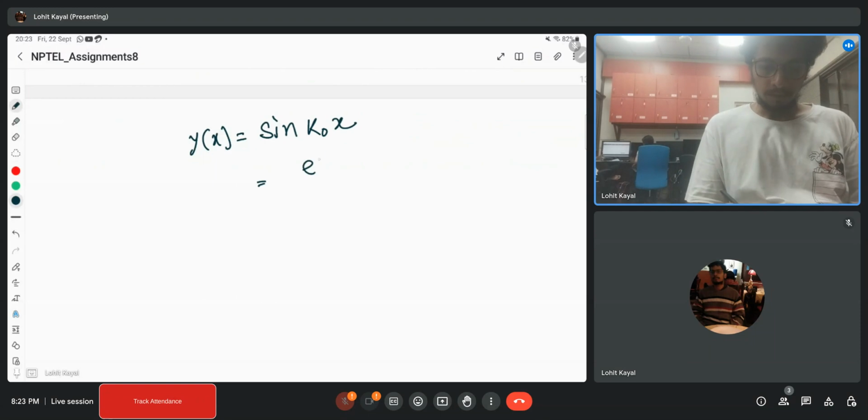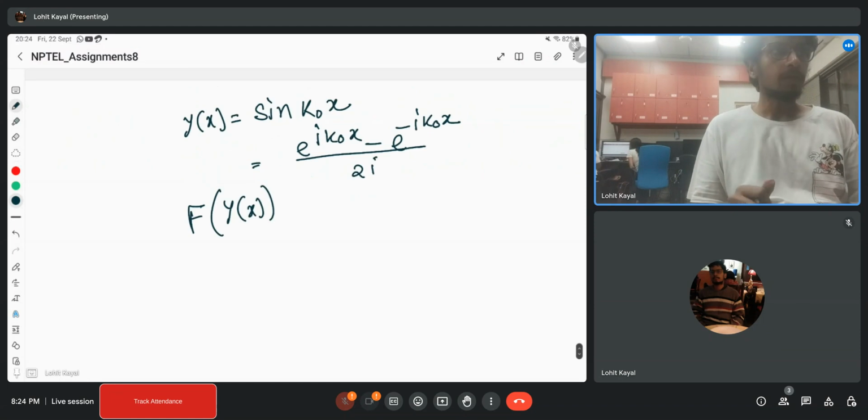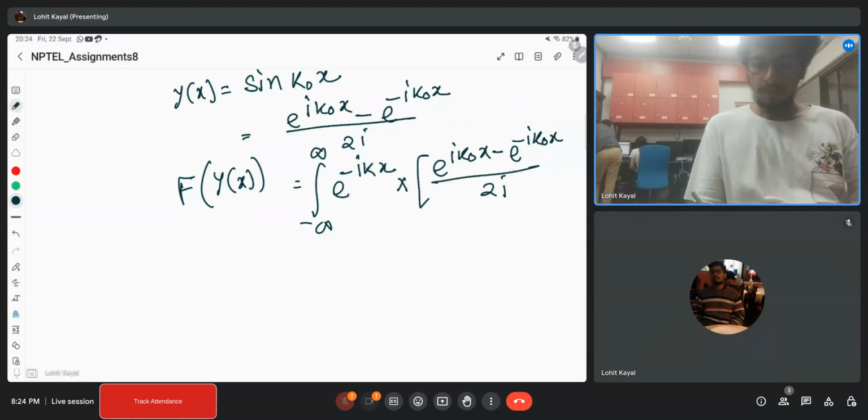I can write it as e to the power i k0 x minus e to the power minus i k0 x, divided by 2i. Now what is the Fourier transform of this function sin(k0 x)? It is the integral from minus infinity to infinity of e to the power minus i k x, into e to the power i k0 x minus e to the power minus i k0 x, divided by 2i, times dx.